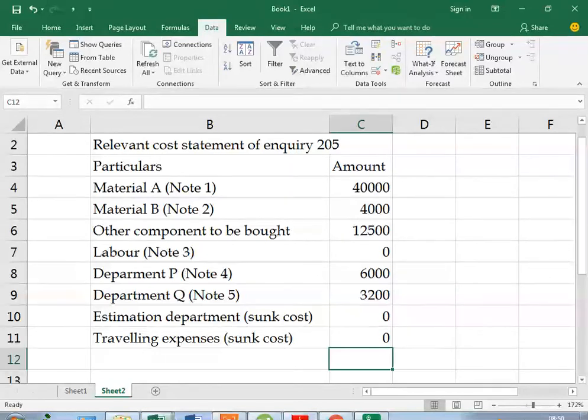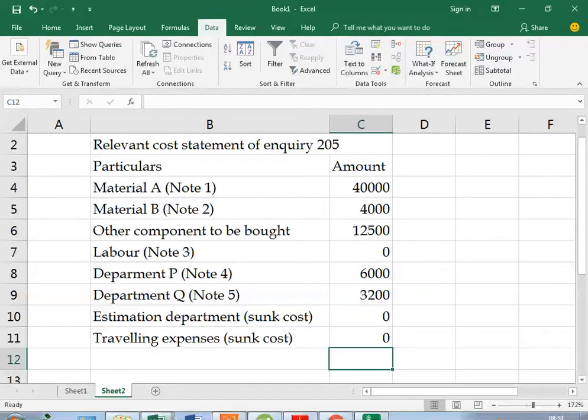Next, planning department. How much? It's either 1500 or 0.